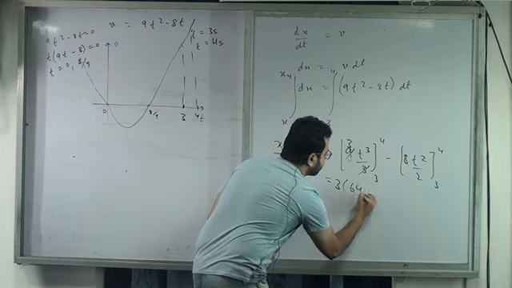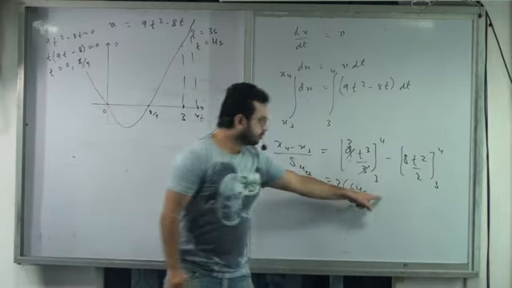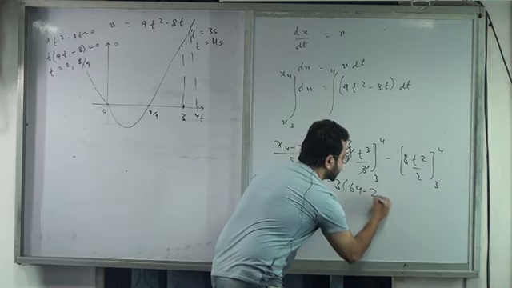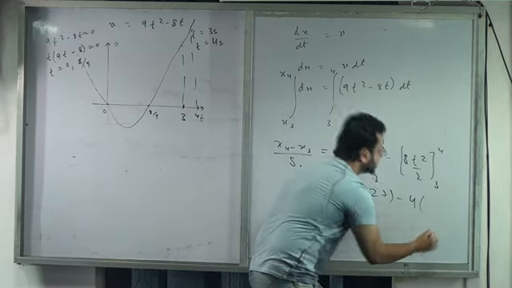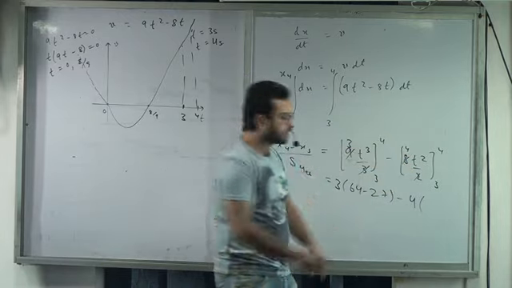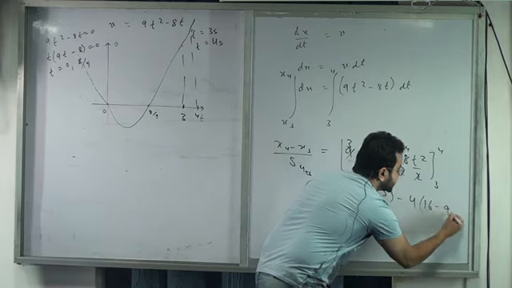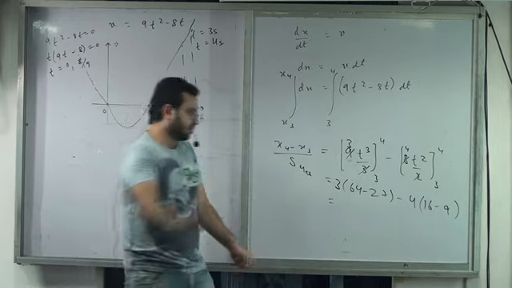So this will be 64 minus 3 cube, so that is 27. Minus 4 will be common. And then I have to put the limits in t square. So that will be 16 minus 9. So what do I get? Finally, what do you get? 83.